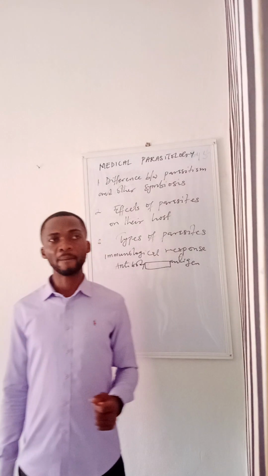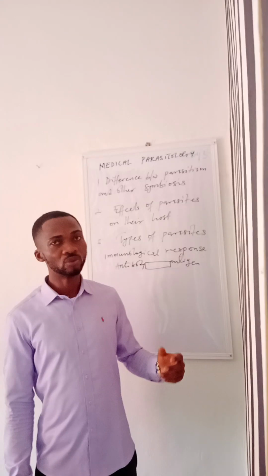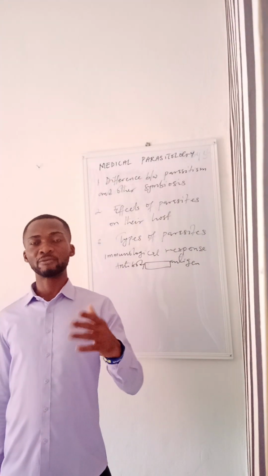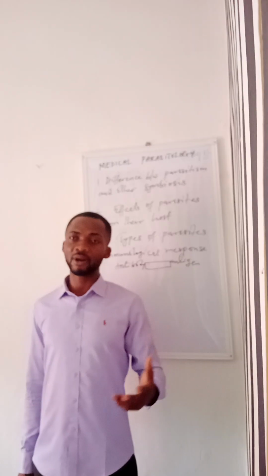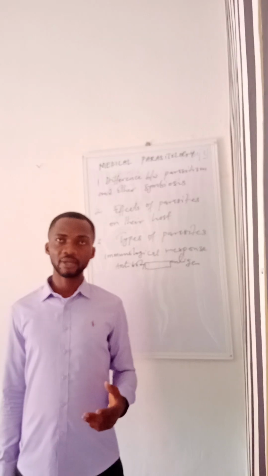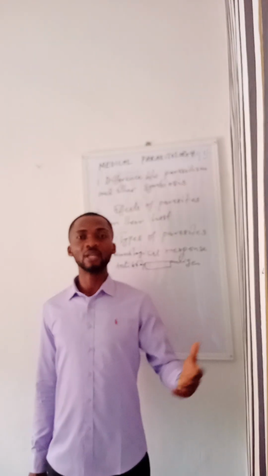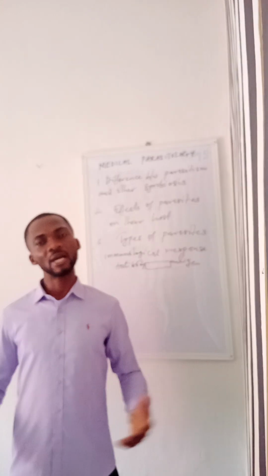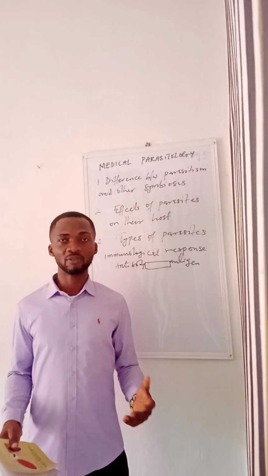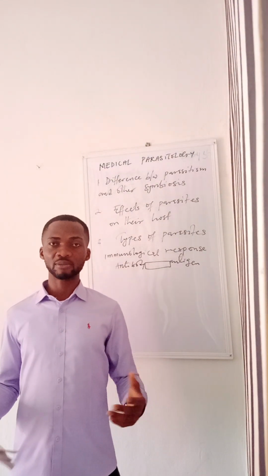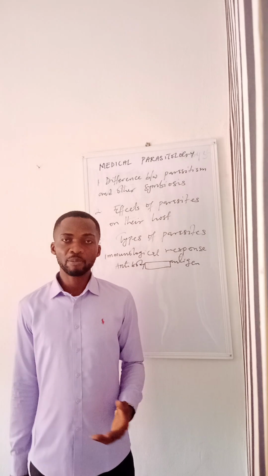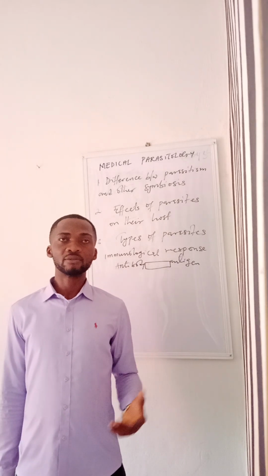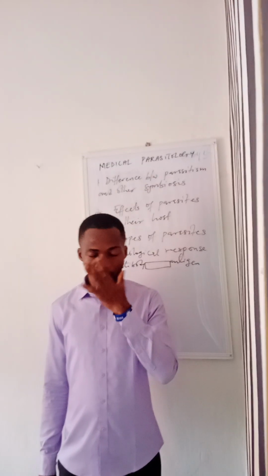Then, apart from that, you also discover that we have what we call a facultative parasite. A facultative parasite is a parasite that is normally free living, but sometimes can assume a parasitic mode of life. Then we also have the one we call the permanent parasite.